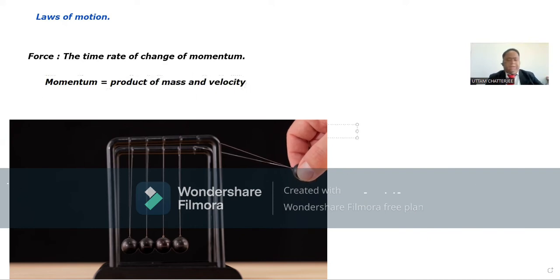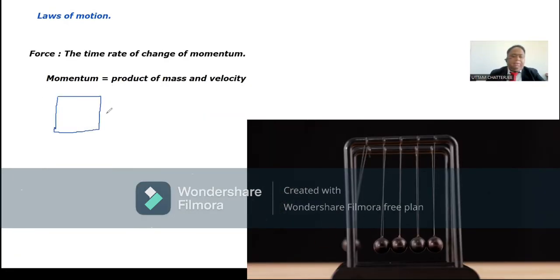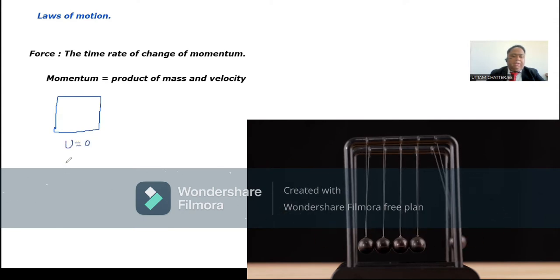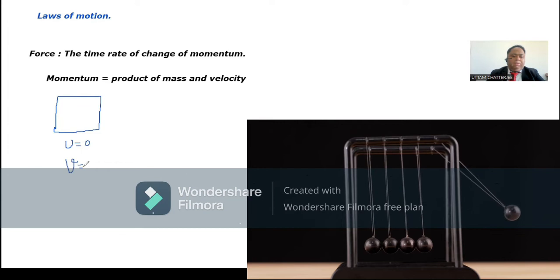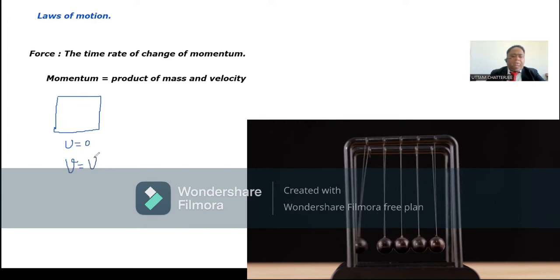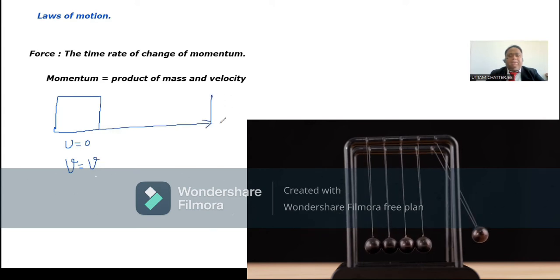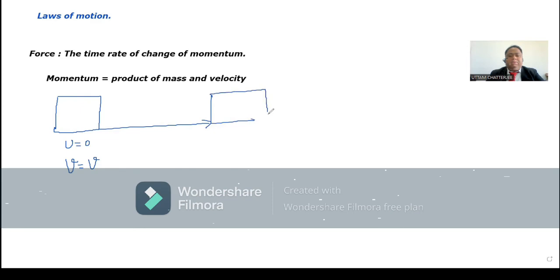So if any object is at rest, its initial velocity will be 0 and it starts moving with a velocity v and reaches a particular distance at an interval of time t, and the mass is m.